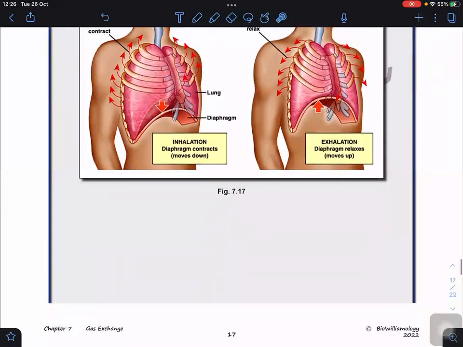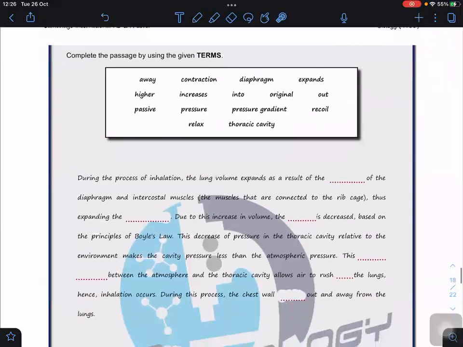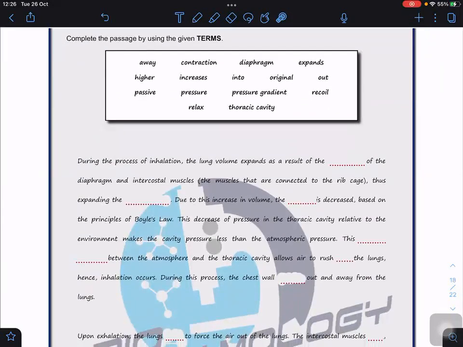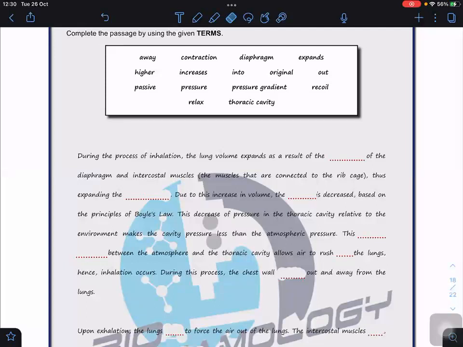Okay, so what you need to do now is complete the passage below by using the given terms. During the process of inhalation, the lung volume expands, okay? Why does the lung volume, or thoracic cavity, expand? As a result of the contraction of the diaphragm.